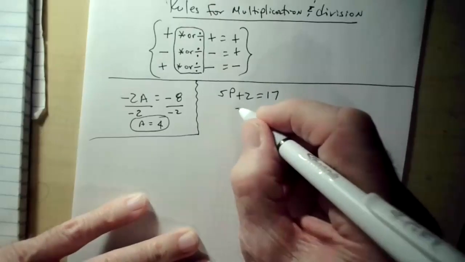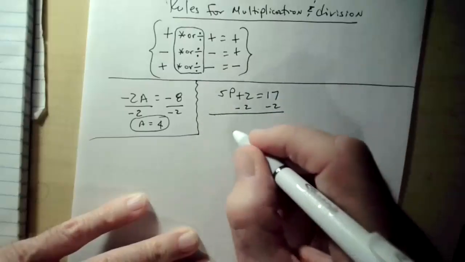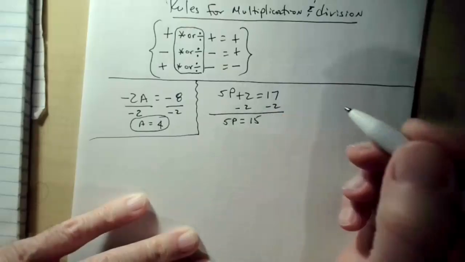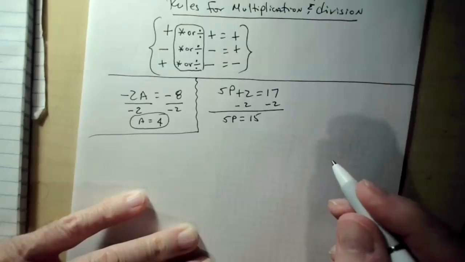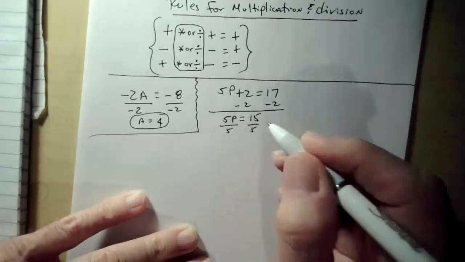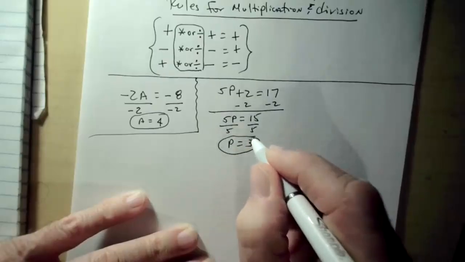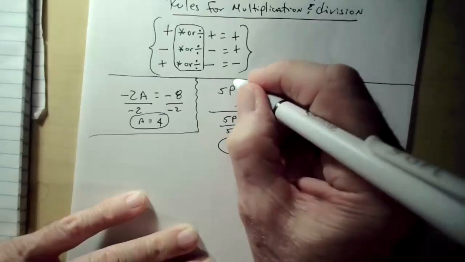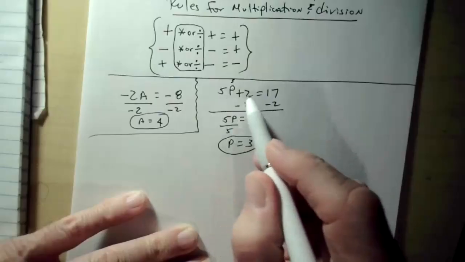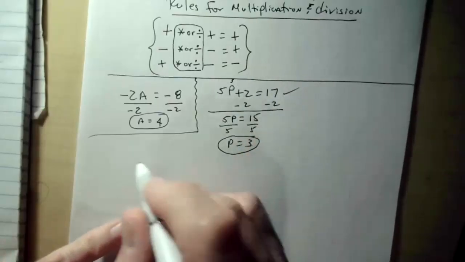So we're going to subtract 2 from each side. We have 5p equals 15, right? And we divide by 5, divide by 5. P is 3. And you can plug it back in if you want. Then do PEMDAS the right way, because we're evaluating here. 15 plus 2 is 17, so we're correct.